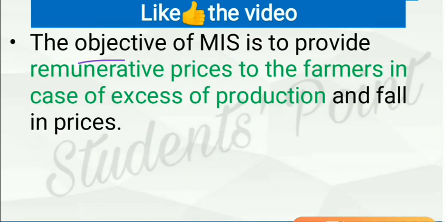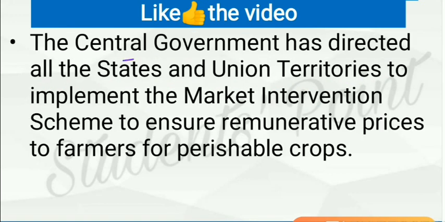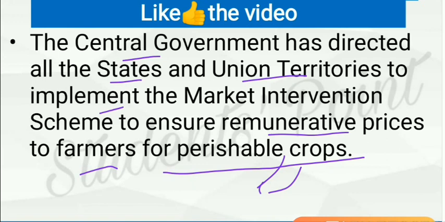And the objective of market intervention scheme is to provide remunerative prices to the farmers in case of excess of production and fall in prices. And why in the news? The central government has recently directed all the states and union territories to implement market intervention scheme to ensure remunerative prices to farmers for perishable crops like horticulture, which include fruits and vegetables.